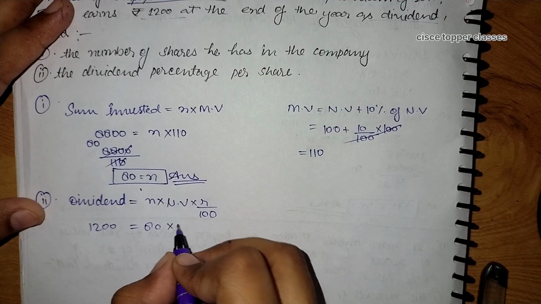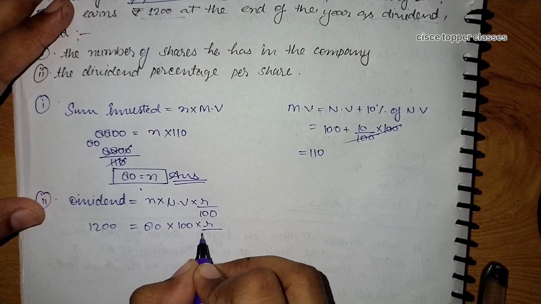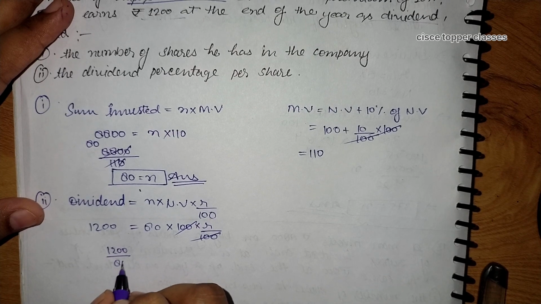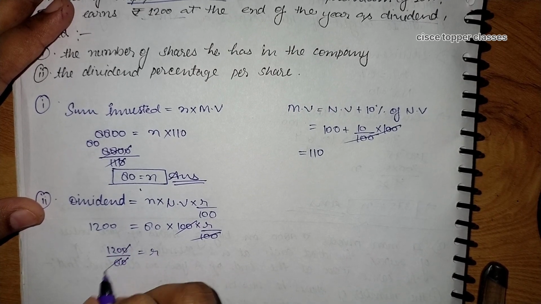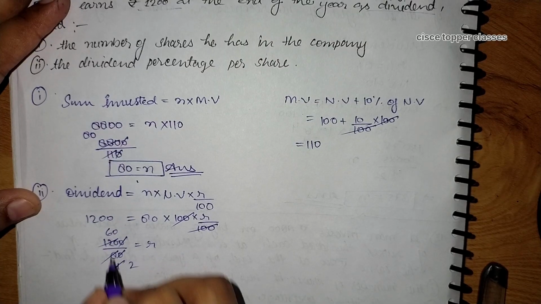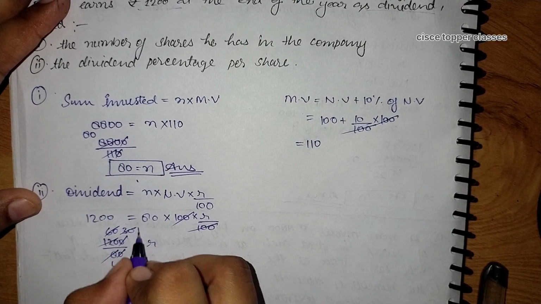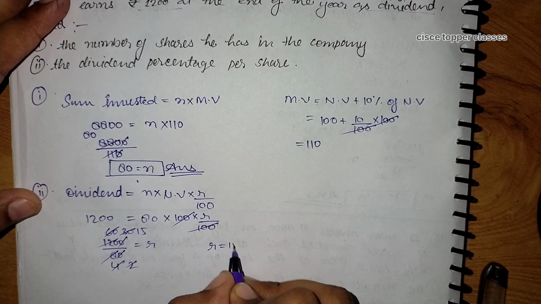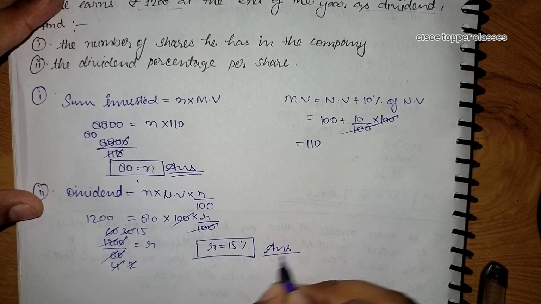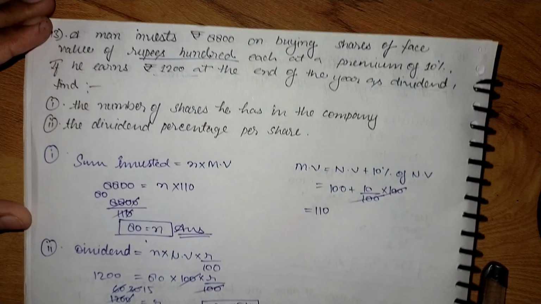So this will be 1200 equal to 80 into 100 into R by 100. 100 will be cancelled out, and here we will get 1200 by 80 as the rate percent. 0 will be cancelled out, this will be cancelled out by 4, this will be cancelled out by 60, then 30 means 15% is the rate percent per share in this question of dividend. So this is the answer of second part, and this is the final solution of question number 13.